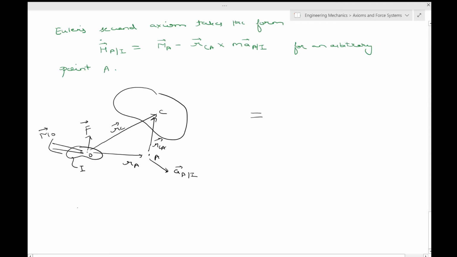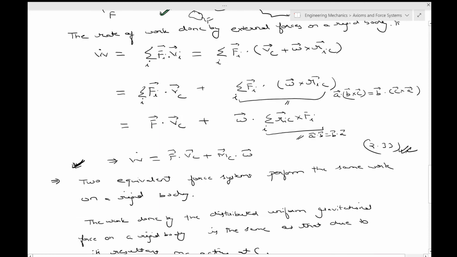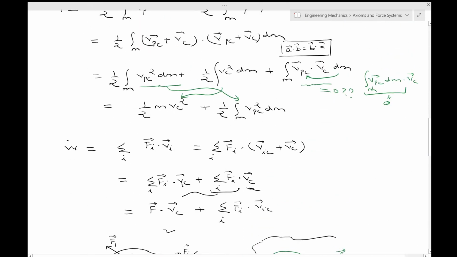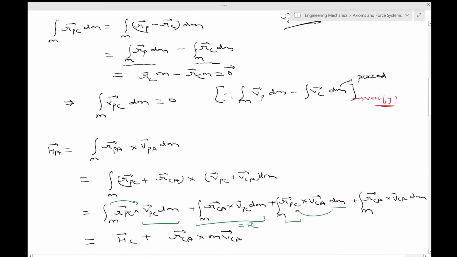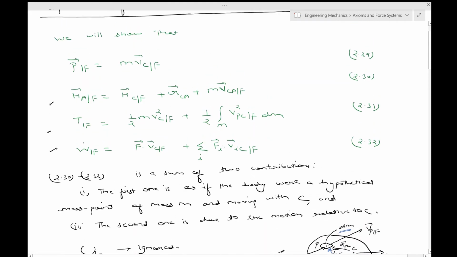Using equation 2.30, HA is equal to HC plus RCA cross MVCA.